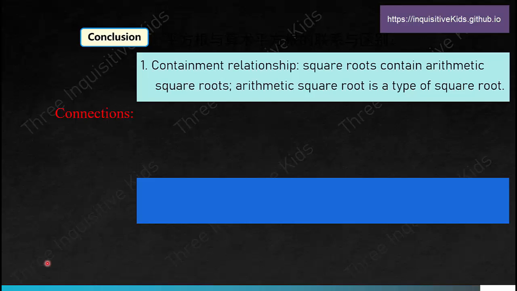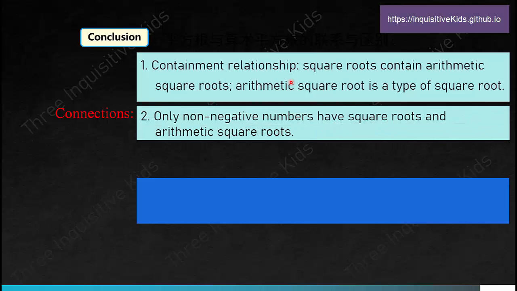But the square roots of a positive number can be positive and negative. So actually, the arithmetic square root is one of the square roots. The arithmetic square root is the positive one of the two square roots of a positive number. I hope you can understand what I'm talking about there. 2. Only non-negative numbers have square roots in arithmetic square roots.